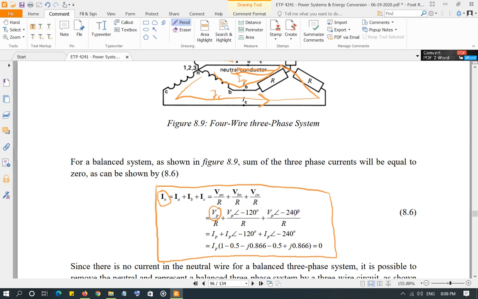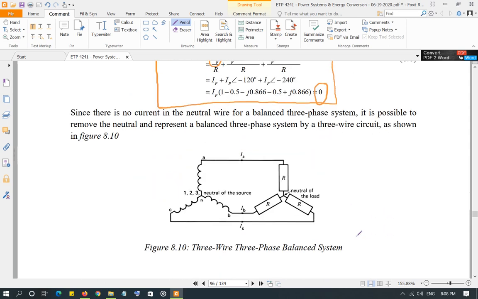So when you solve this, basically go from the polar form of the complex number to the rectangular form and add all of those together, you're going to see that for a balanced load, when all of them are R, you're going to get 0. That means for a balanced load, neutral is not carrying any current. And for a balanced load, that means we can remove the neutral wire since there is no current in it.